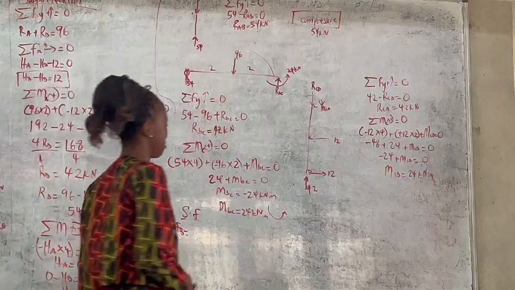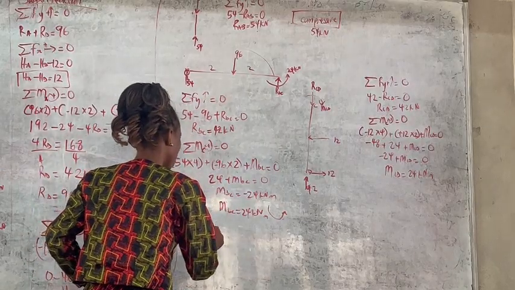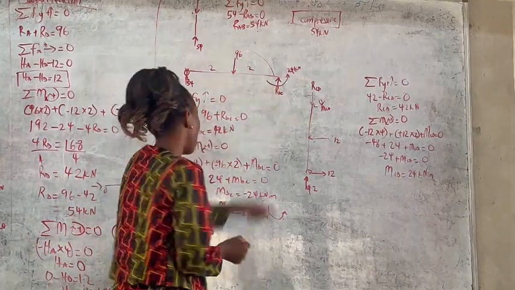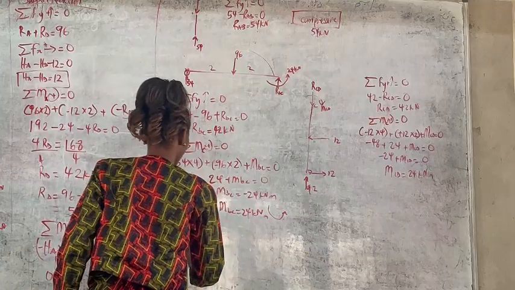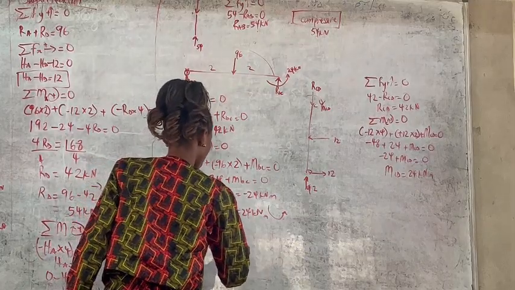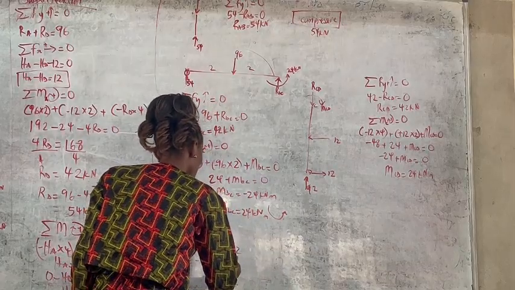So for example, F is 54. Then before C we have FC prime plus 54 minus 96 plus minus 42. So our FC is negative 42 plus what?